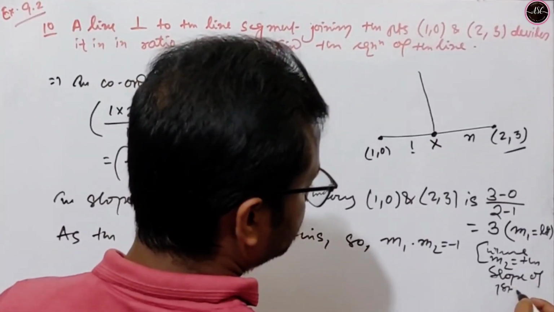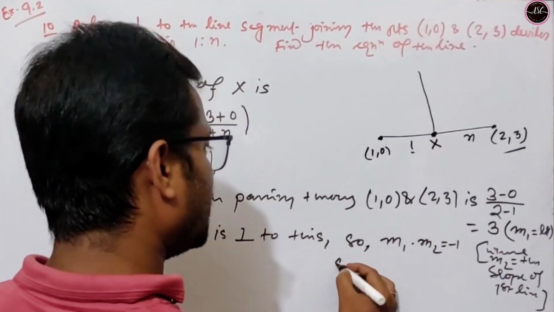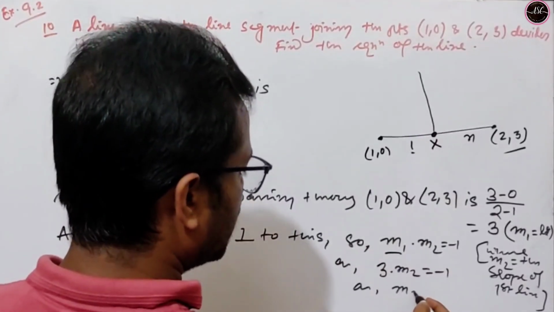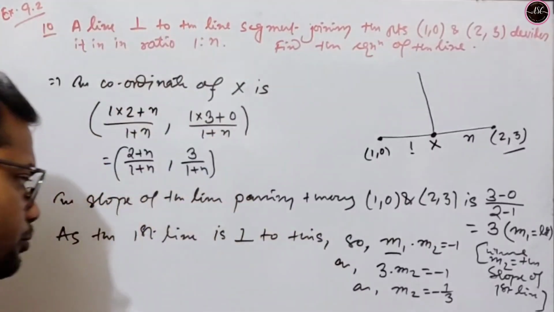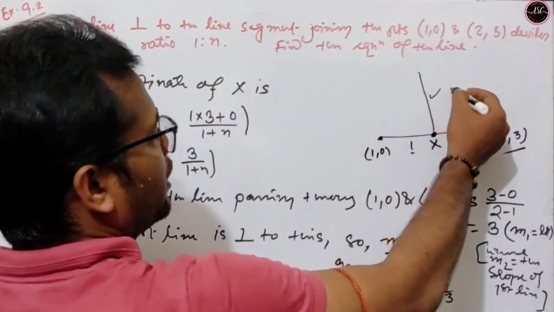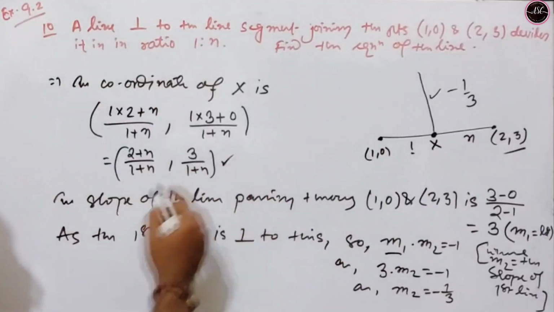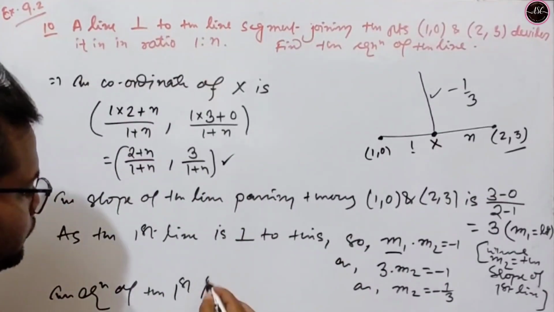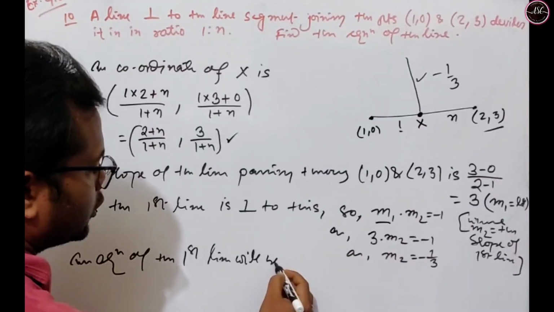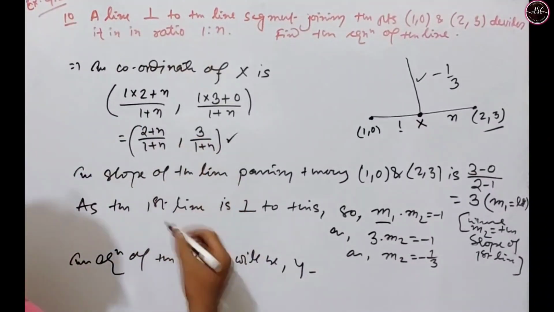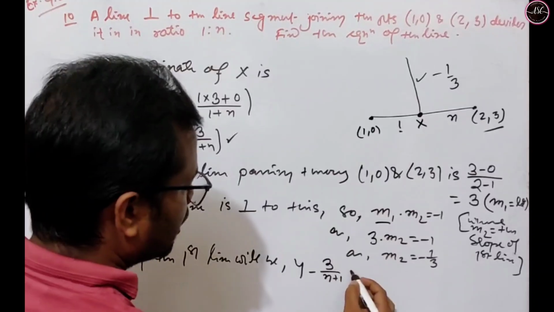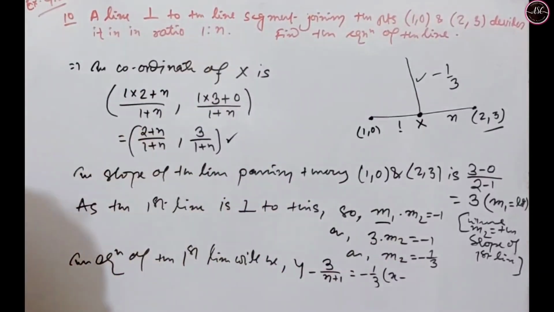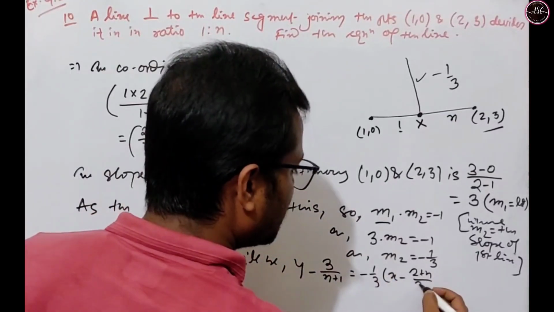Here just put the value of m1: 3 into m2 equal to minus 1. So m2 equals minus 1 by 3. So the slope of this line will be minus 1 by 3 and it is passing through this point. So the equation of the first line will be y minus y1, that is 3 by (n plus 1), equal to m, that is minus 1 by 3, into (x minus x1), that is (2 plus n) divided by (n plus 1).